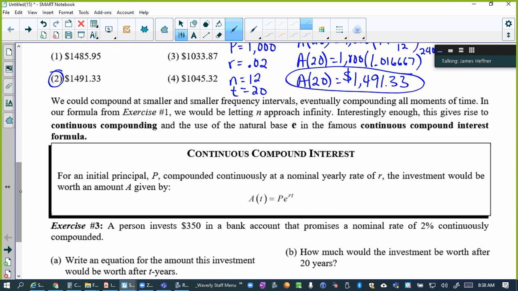So continuous compounding is an infinite number of compounding periods. Well, how are we going to handle that, right?